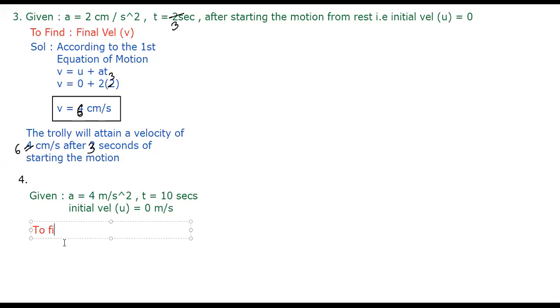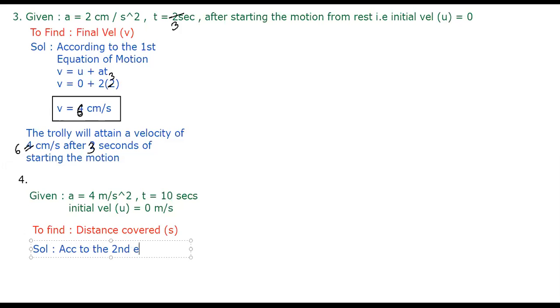Means what to find? Final velocity? Why final velocity, beta? Distance covered is directly s, displacement. And which equation of motion? Second equation: s is equal to ut plus half at square. Why do you need v? We don't need v; directly we can find out the distance.